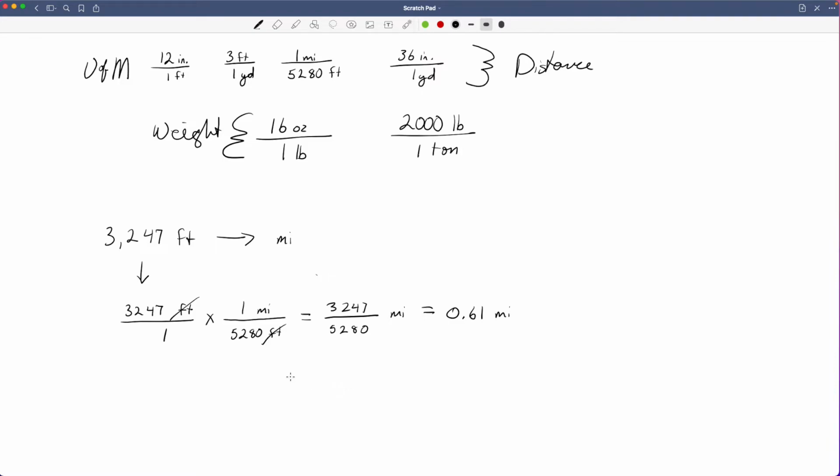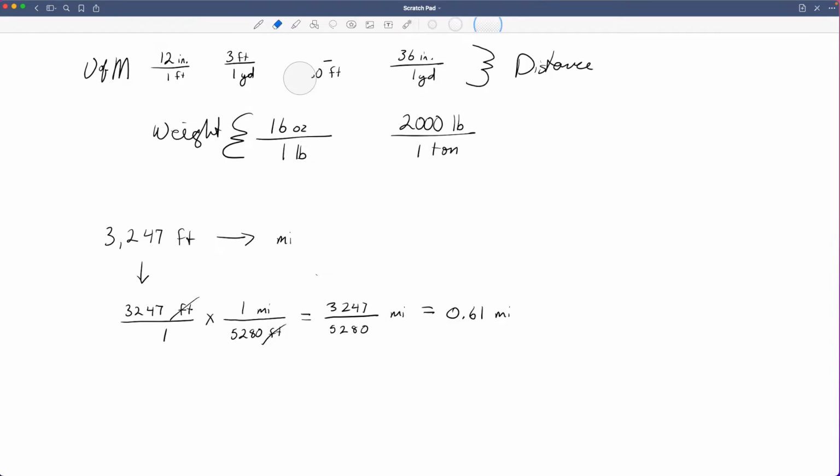You can calculate distances that are bigger or smaller. You can convert them fairly easily if you use this pattern. Whatever the unit is up here, you're going to find your reference that contains that up here, and you're going to make sure that you write it in the bottom. It is okay to flip it back and forth as long as you have one in the top and one in the bottom.